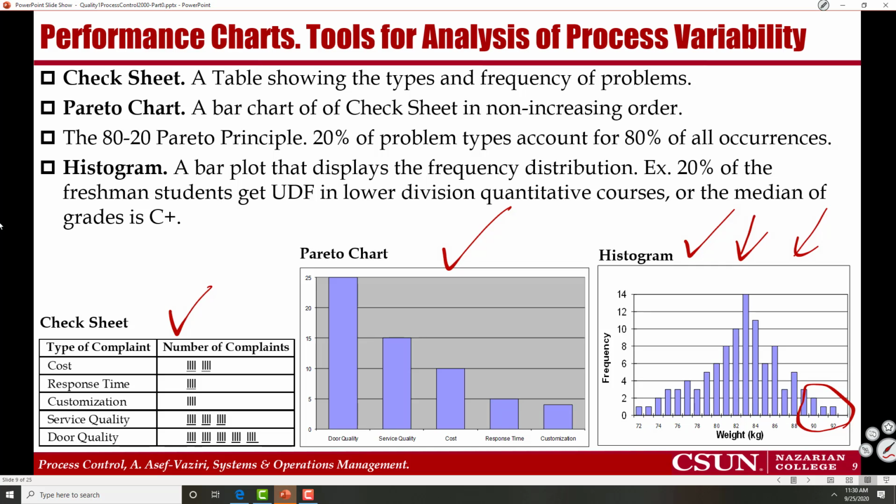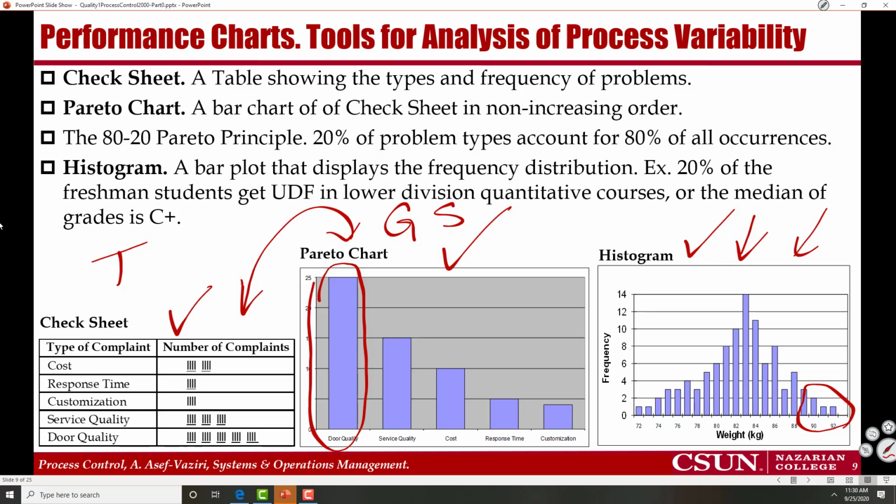Oh, I think I forgot to explain something about this Pareto chart. The difference between the Pareto chart and the check sheet is, first, this one is tabular, but this one is graphical or schematic. The second one is, in a Pareto chart, we sort the items in non-increasing order of observations.